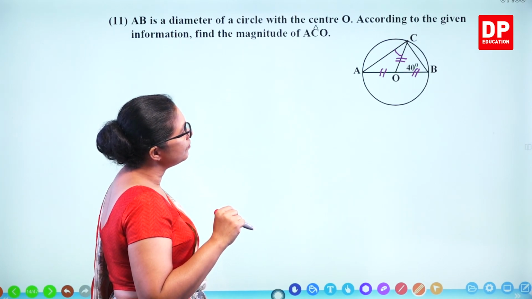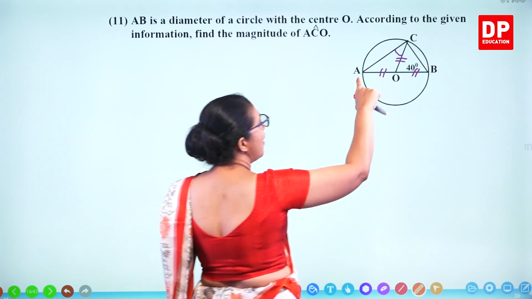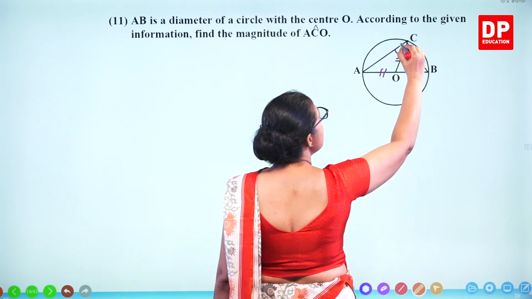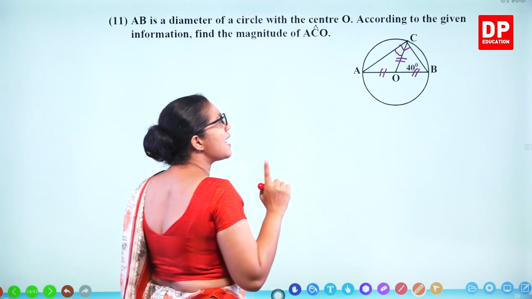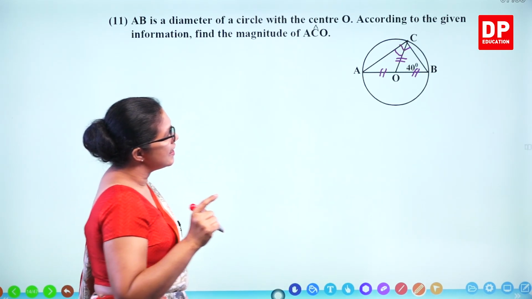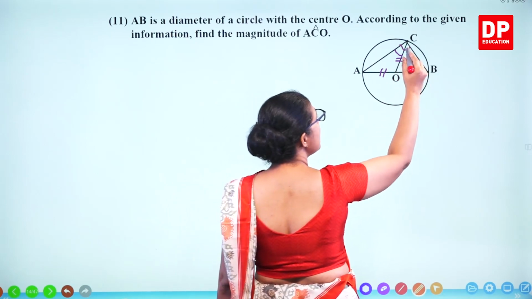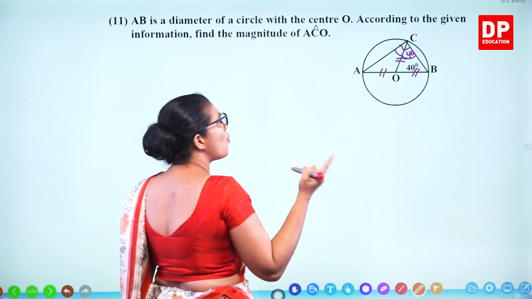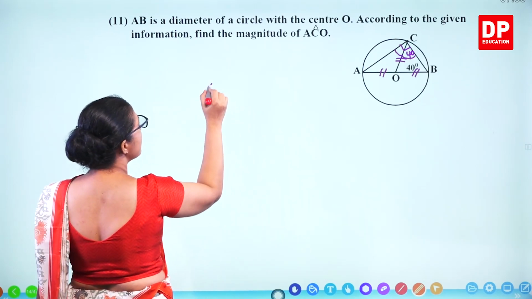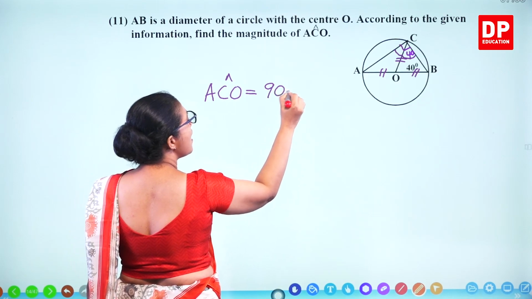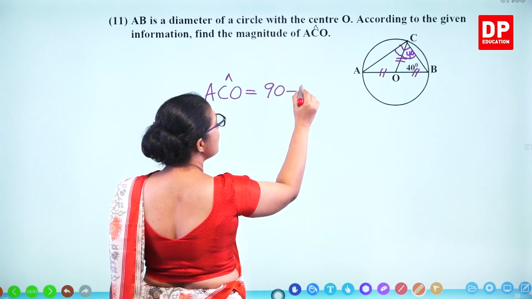Now, also this is the diameter. Any semicircle angle is 90 degrees. So C angle is 90 degrees. If this is 40, this is 40 because of isosceles triangle. So what is ACO angle? You can straight away find out 90 minus 40.